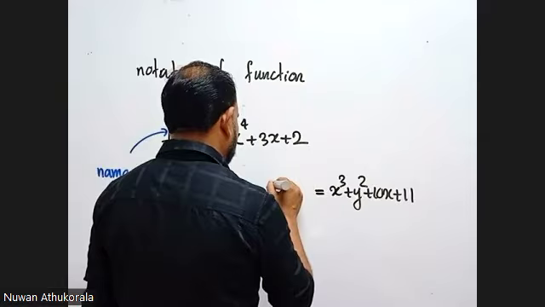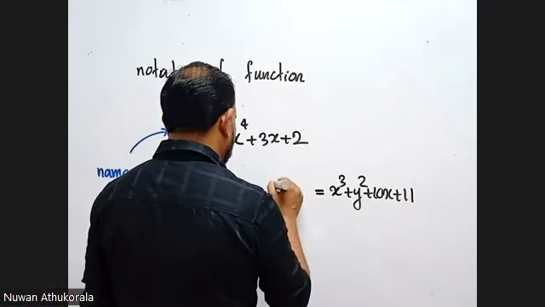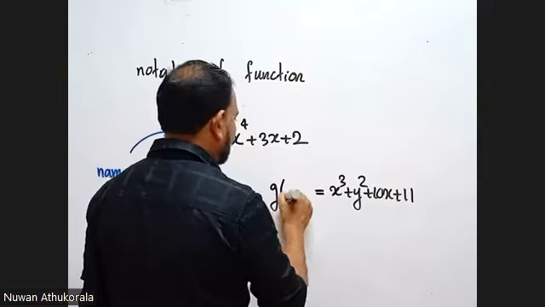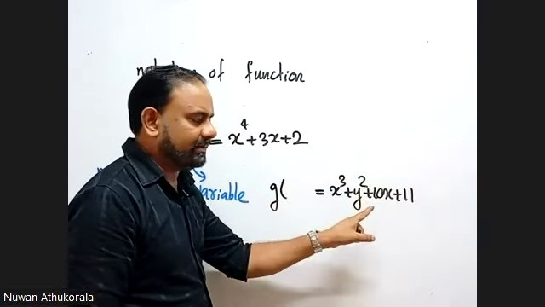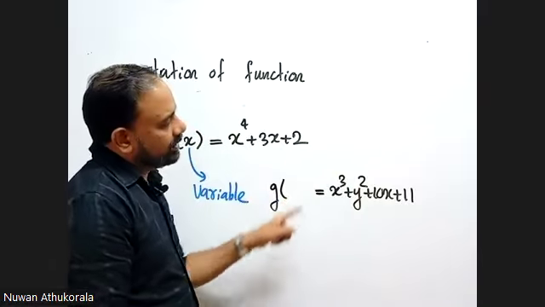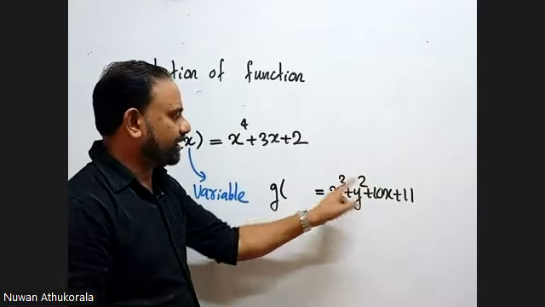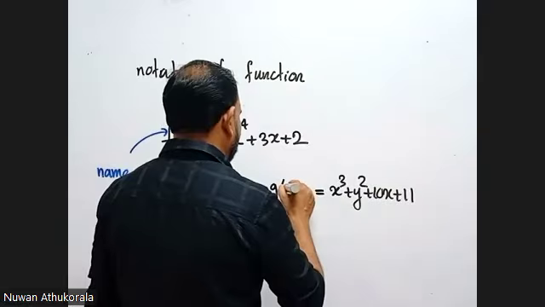Let g be the name of function, g, open bracket. We have to write all variables in this bracket, right? Variables of this function are x and y.